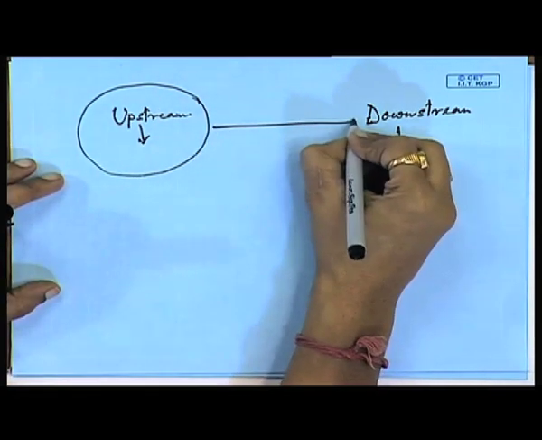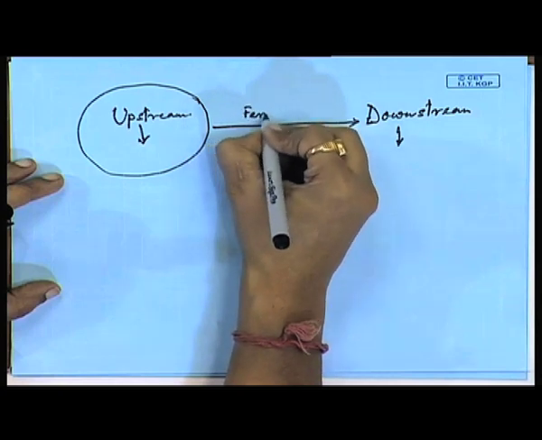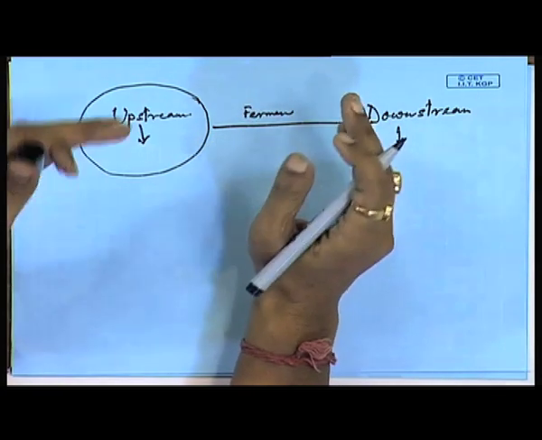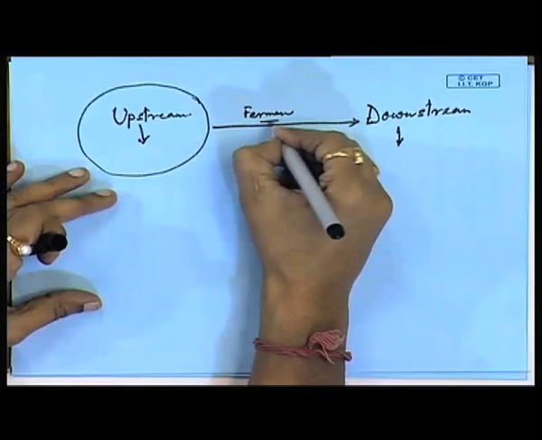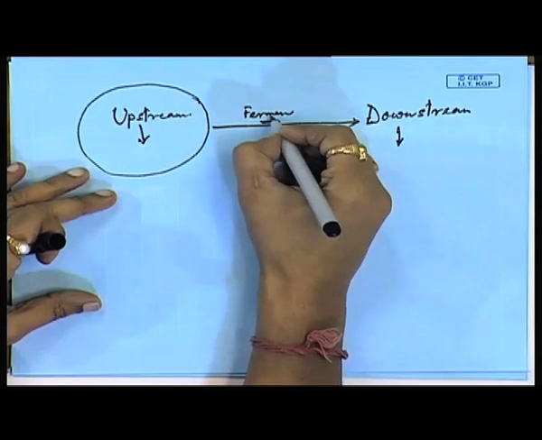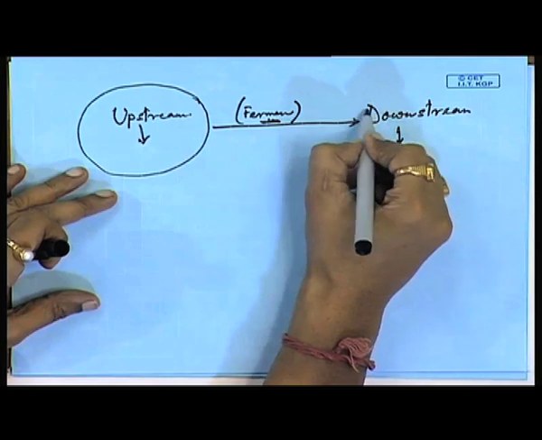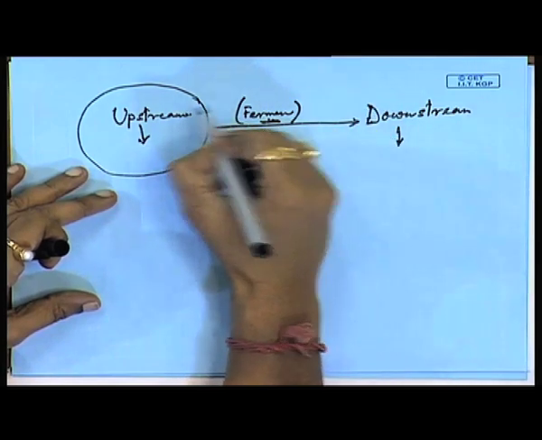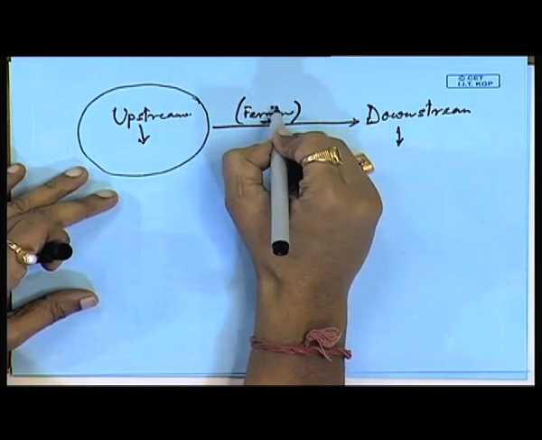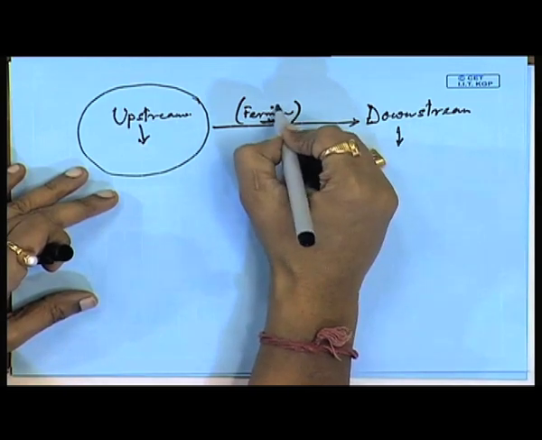Then we go for the fermentation system, or the production of metabolites within a particular environment, and we call it fermentation, which is the intermediate between upstream and downstream. As soon as this fermentation is over, the product is produced.